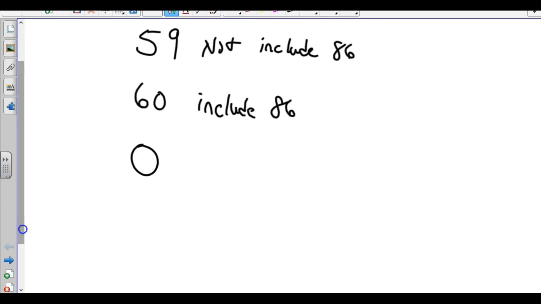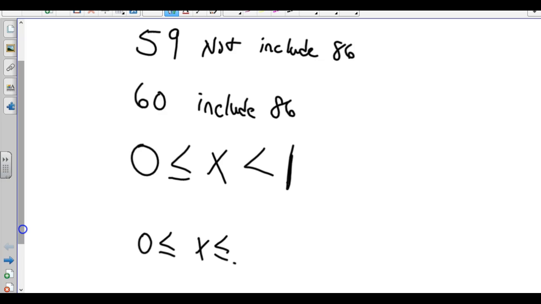If I'm looking at 0 less than or equal to x less than 1, that's the non-inclusive side. Agreed? The inclusive side would be 0 less than or equal to x less than or equal to 0.999.